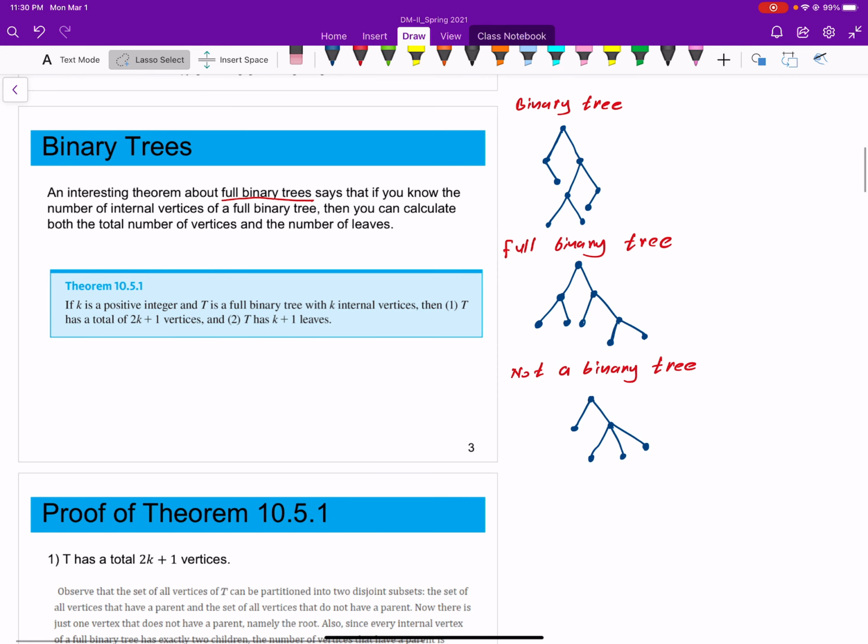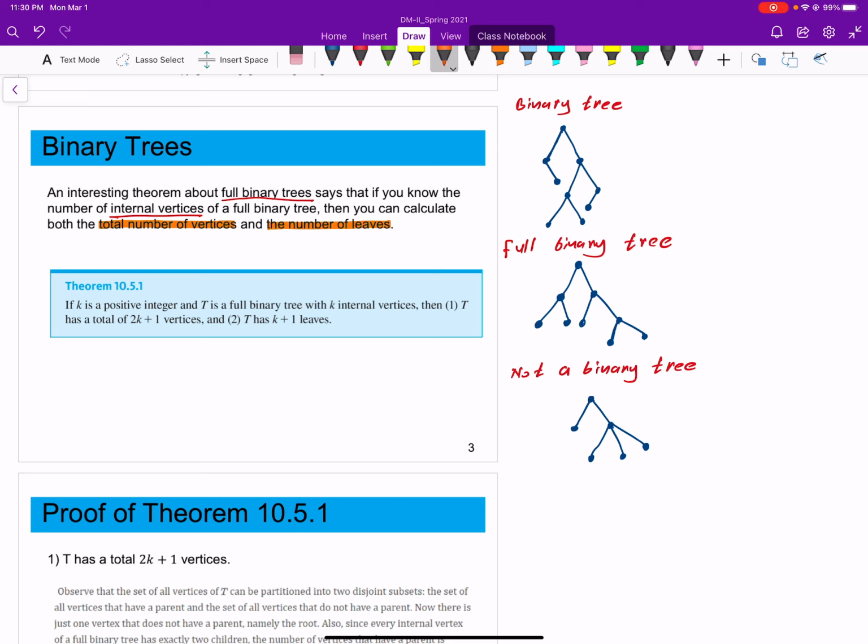An interesting theorem about full binary trees says that if you know the number of internal vertices of a full binary tree, then you can calculate both the total number of vertices and the number of leaves.